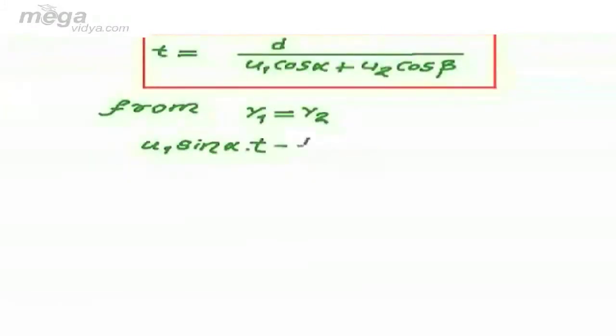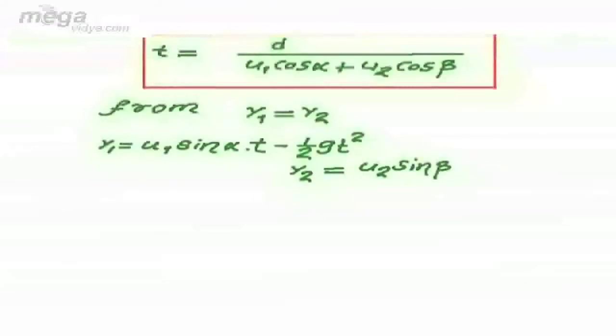We can further find one relation from the other condition, which was y1 equal to y2. Then y1 is equal to u1 sine alpha into t minus half g t square, and y2 for the second projectile can be written as u2 sine beta t minus half g t square.